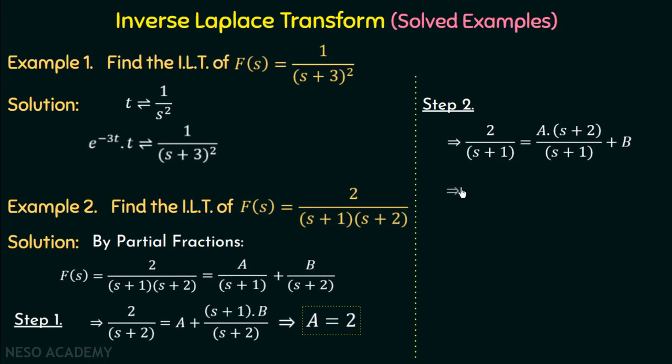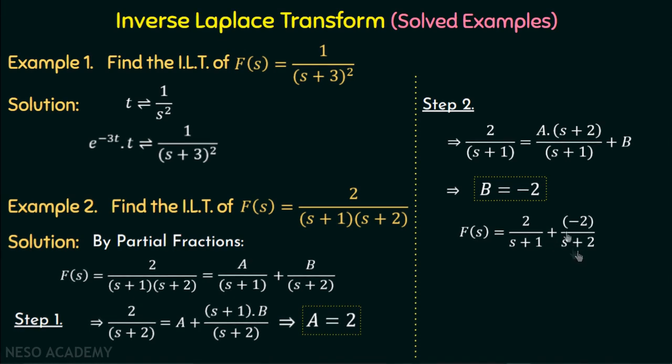And the value of B will be equal to minus 2. So now we have calculated the values of A and B, and now we will substitute these values in this equation, and we will get F of s is equal to 2 over (s plus 1) plus (minus 2) over (s plus 2). This plus is multiplied with minus, so we will have F of s is equal to 2 over (s plus 1) minus 2 over (s plus 2).